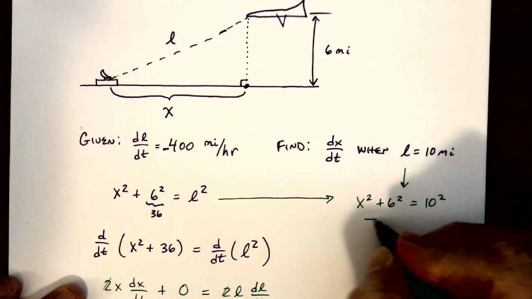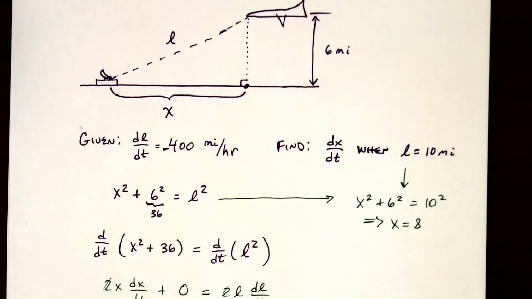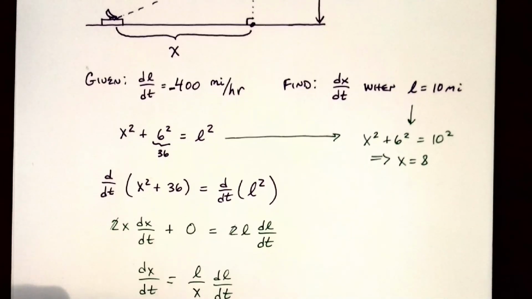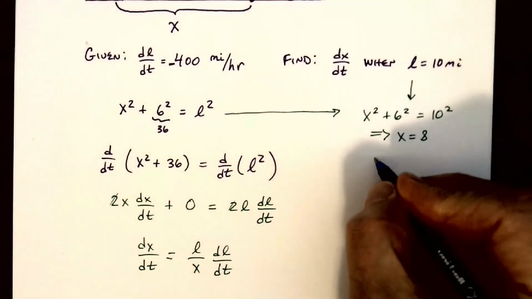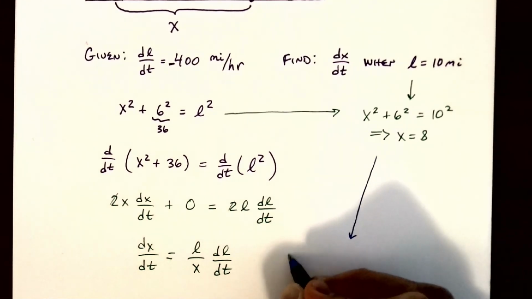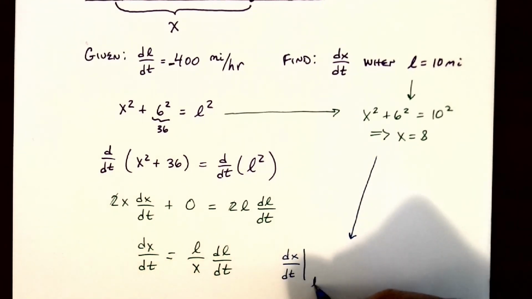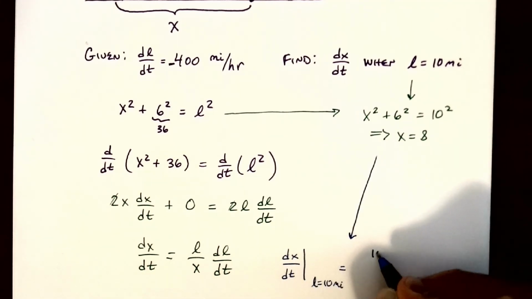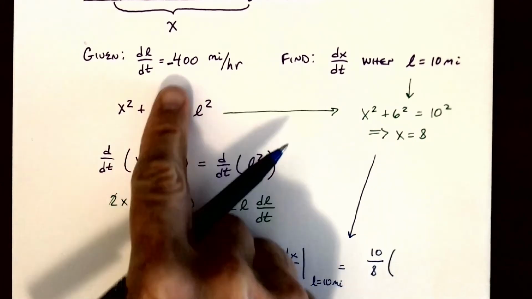In this case, x is equal to 8. x is 8 miles at that instant. Check and confirm that. And so this information tells me that dx dt at the instant L is 10 miles is: L is 10, x is of course 8, and dl dt is negative 400.